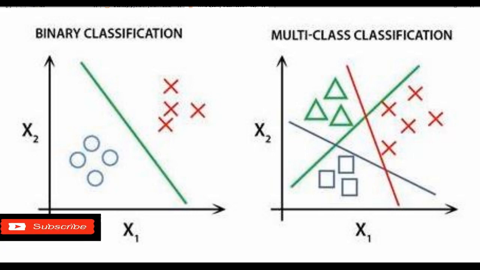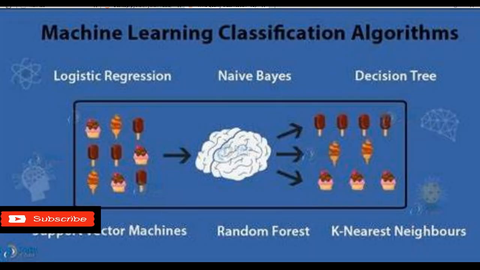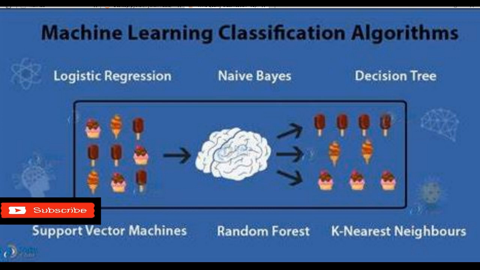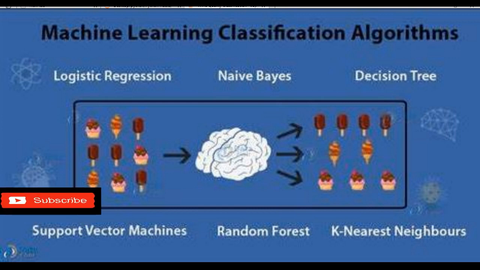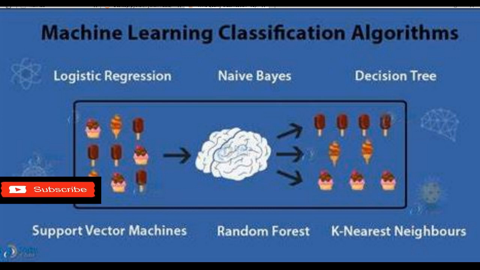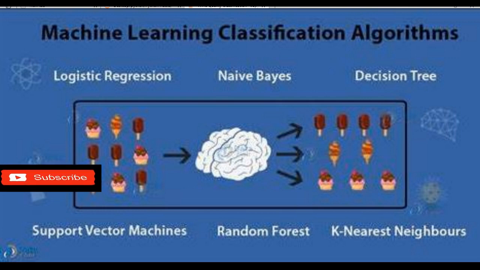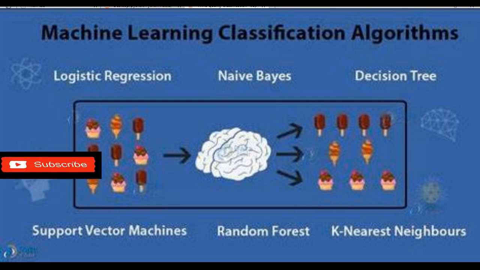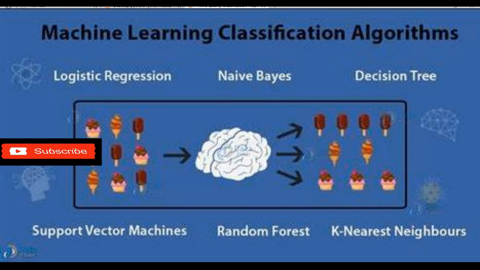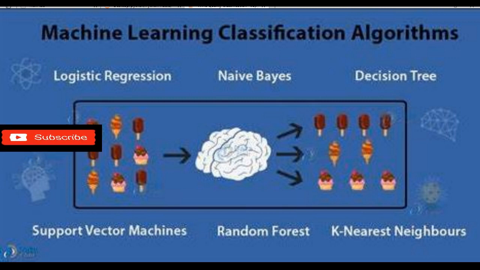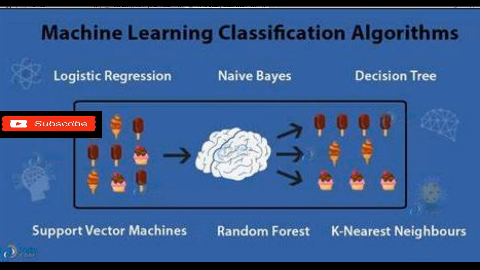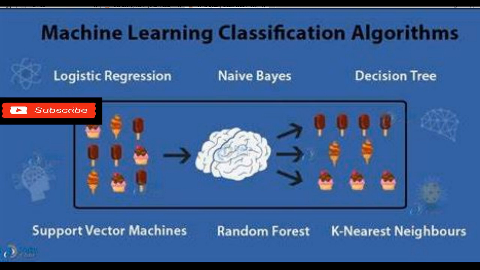more than two classes. There exist quite a number of machine learning algorithms that can be used for classification, and they include logistic regression, support vector machine, random forest, naive Bayes, and others, such as artificial neural networks, which are more purposely for deep learning.